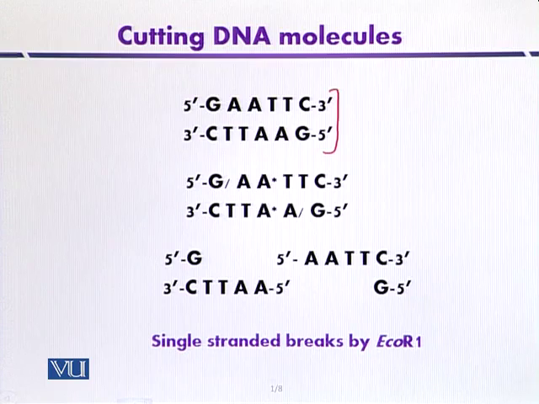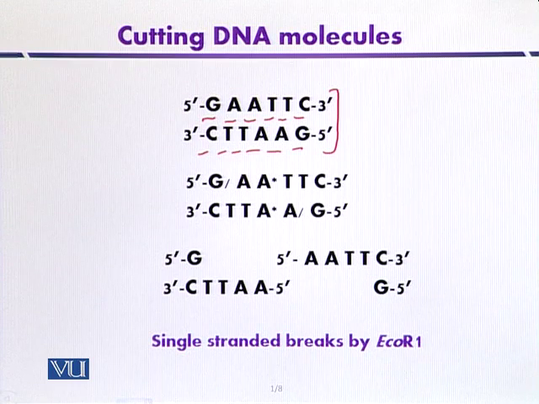So here GAATTC is read from 5' to 3' in one direction, and it reads the same from the other direction, that is GAATTC. Such sequences are called palindromes.